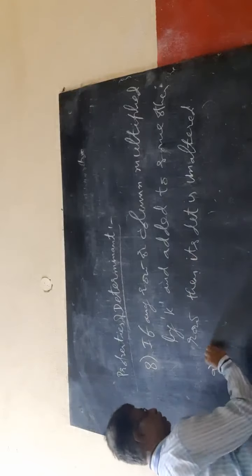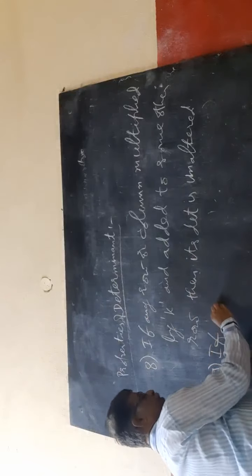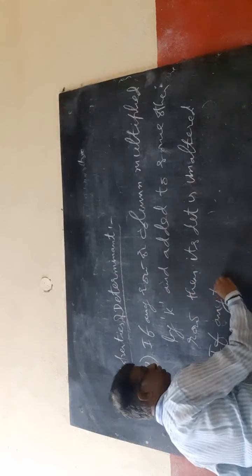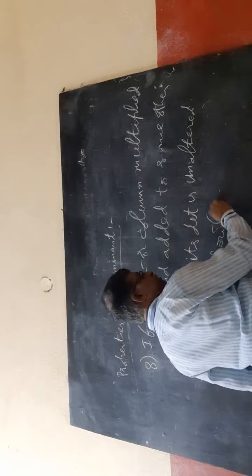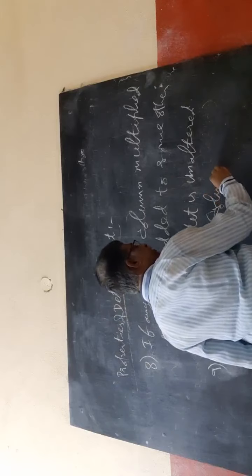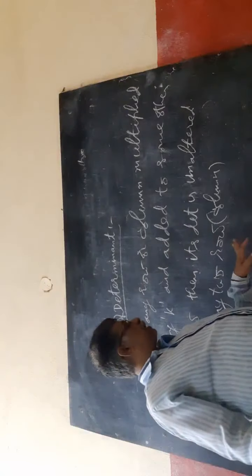Next one. If any two rows are interchanged, any two rows, obviously columns. Even if I am not writing, you have to take rows or columns in determinants, not in all cases.